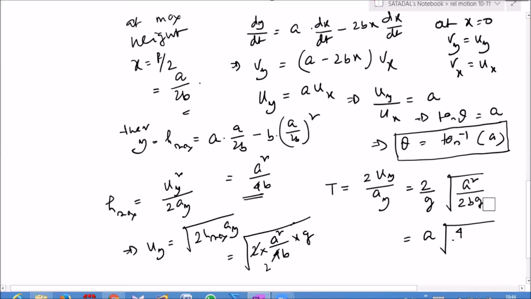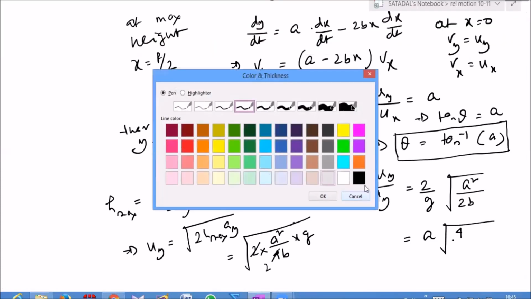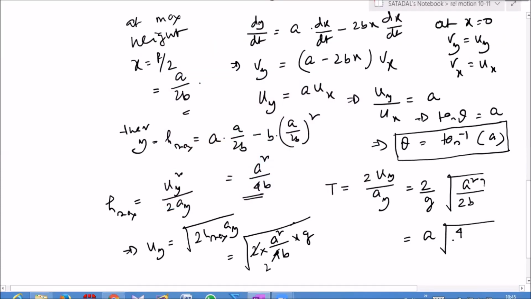Okay, just a slight correction. This G will come up. So 4G by 2B into G square. That's it. So G inside is coming as a square.